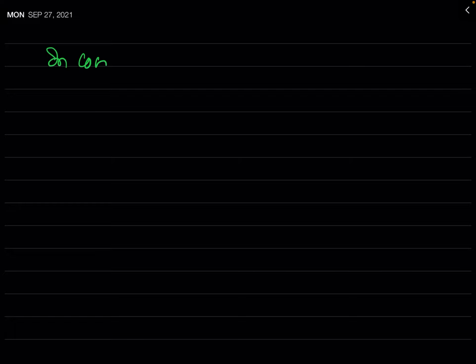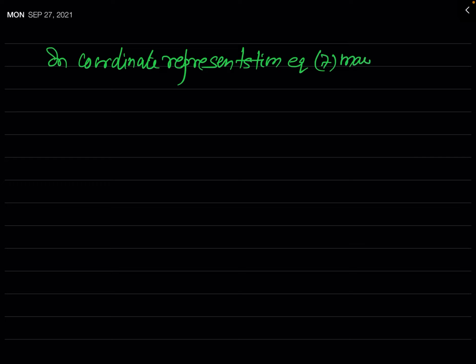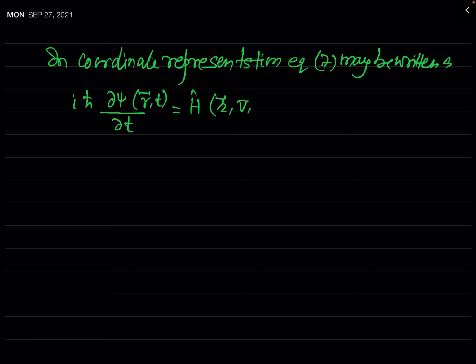So in coordinate representation, equation 7 may be written as i h bar del psi of r t, r is for the space coordinate, del t, and this is equal to h hat of r comma del comma t, this del is for the gradient, operated on psi of r t.